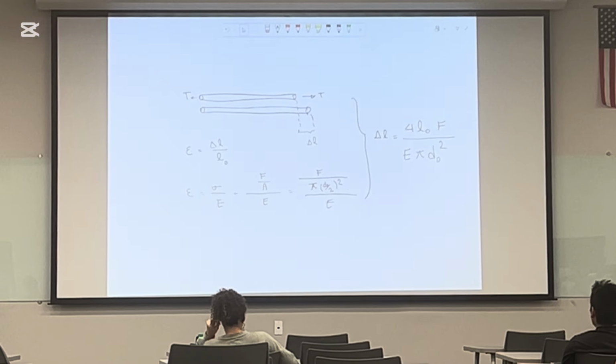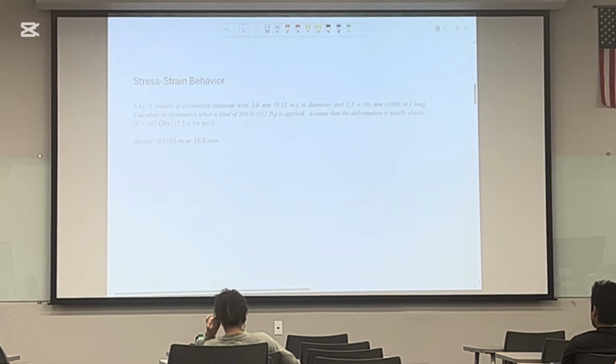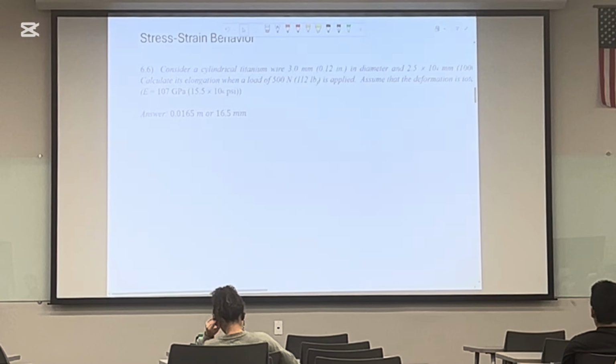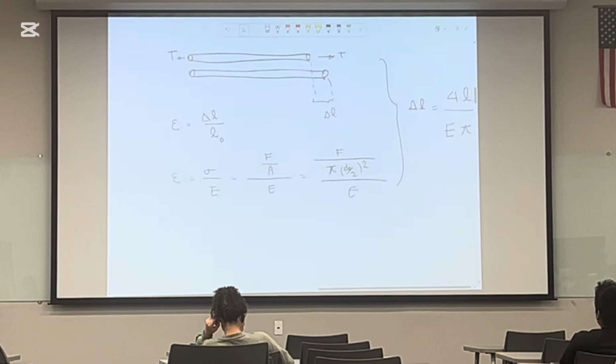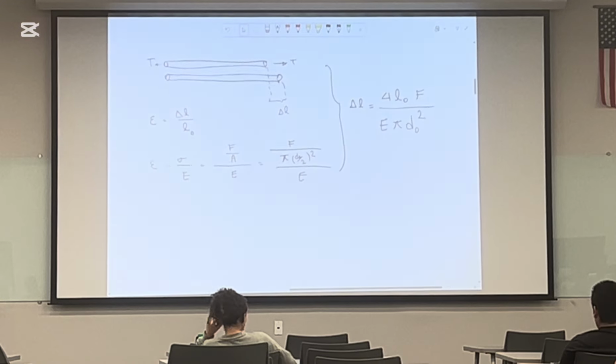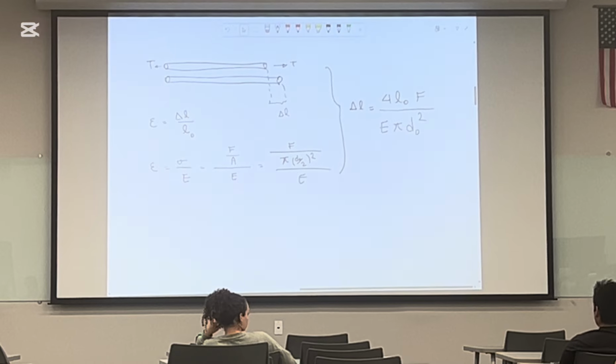We have all this information. So we have the initial length, initial diameter, and the force, and we are given the Young's modulus. And if you plug in all this information, that's the final answer here. Any questions? Yeah. So basically, these are the steps I follow.